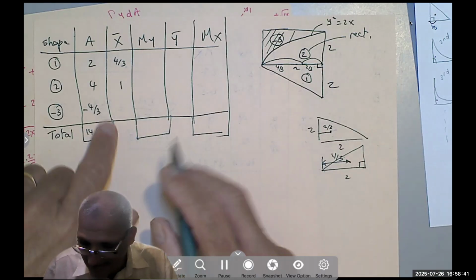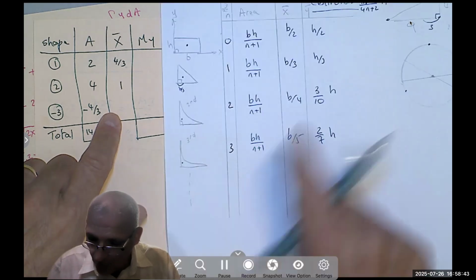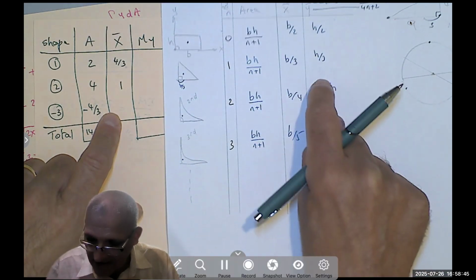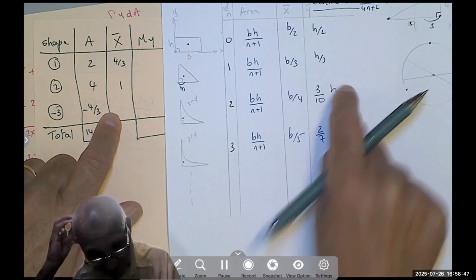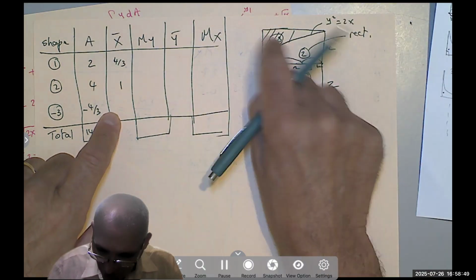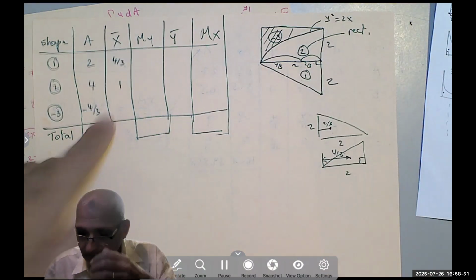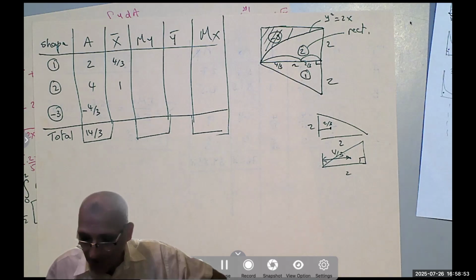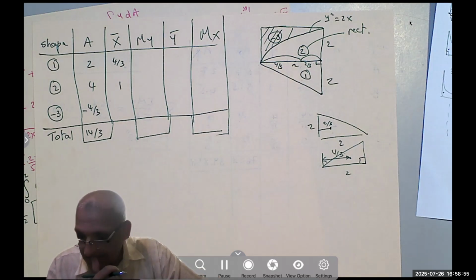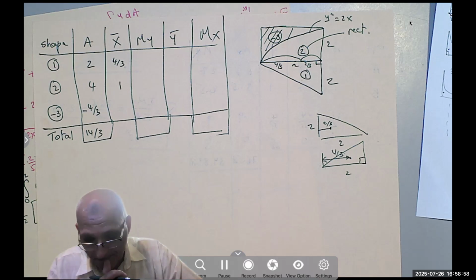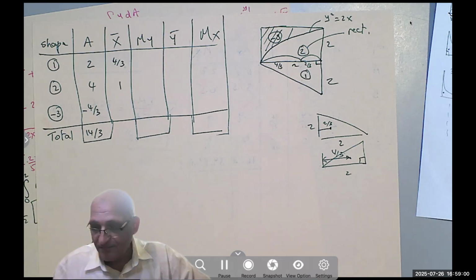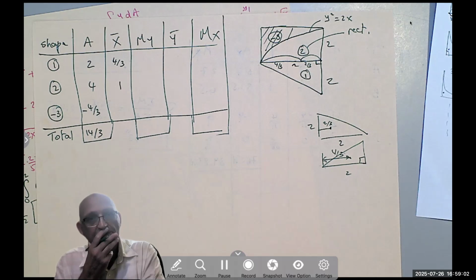So when I say x bar, I look at the y bar. It's 3/10 of the height. The height is 2 in this case, okay? But notice, it's 3/10 of the height, which is 2.